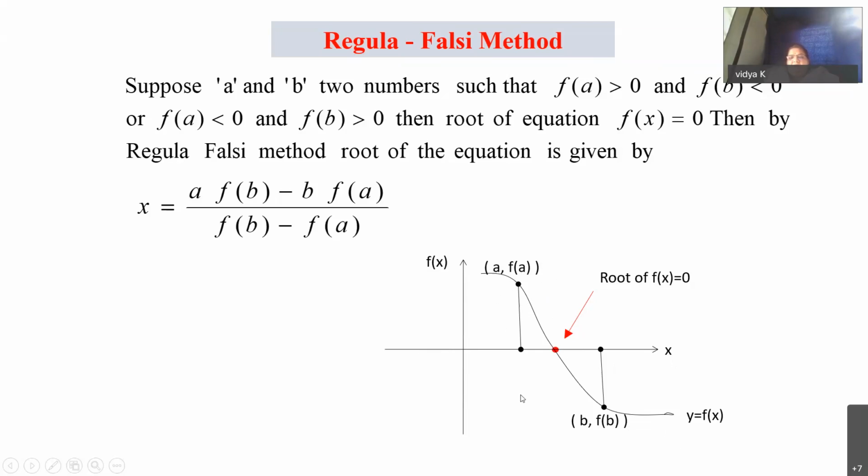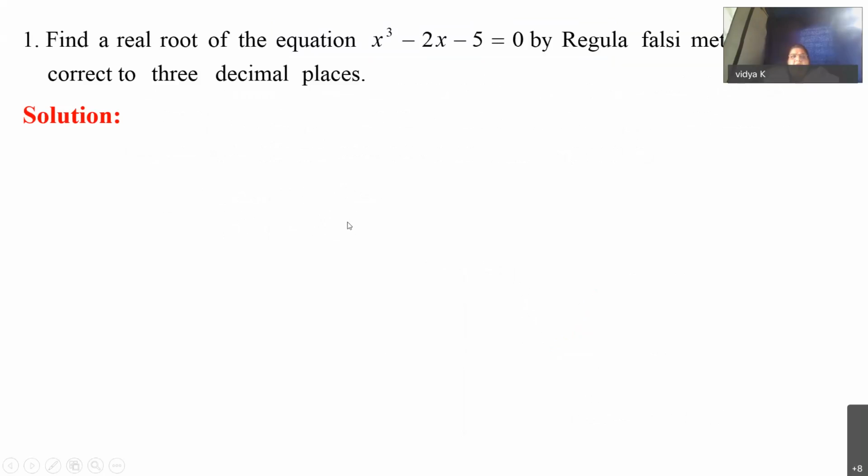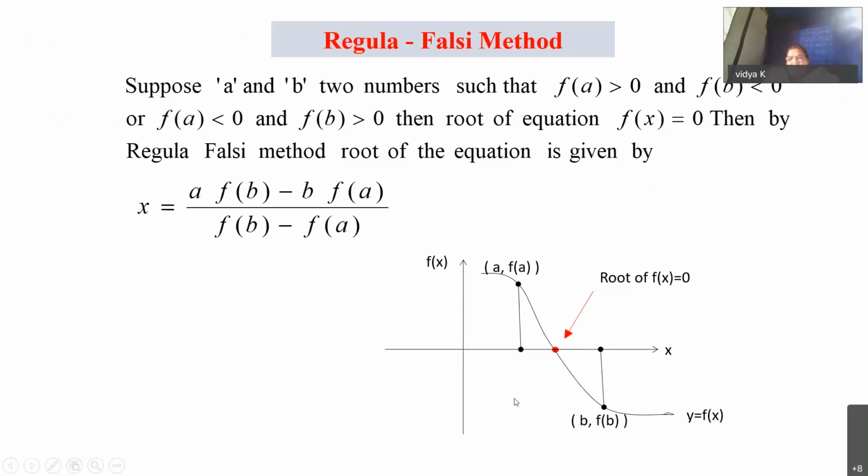Or if the graph is like this, then f at b is less than 0, f(a) greater than 0. Then only it crosses the x-axis once and the root lies between a and b. So the only necessary condition is that the functional values at a and b should differ by sign. Then only the root lies in between those two values a and b.